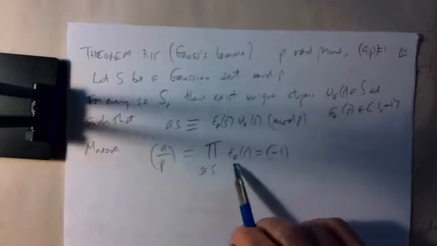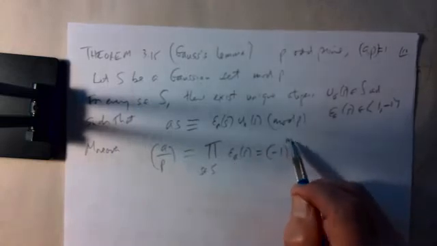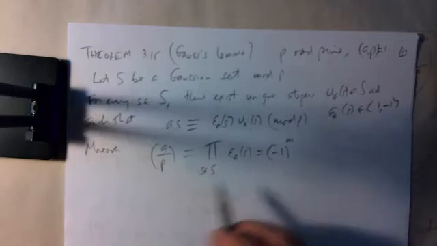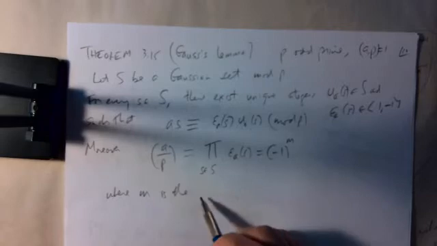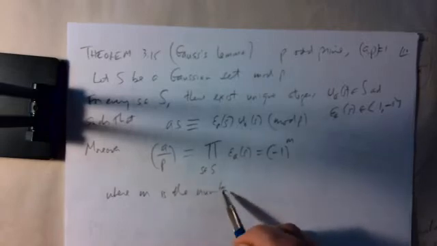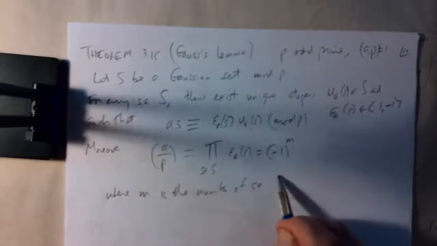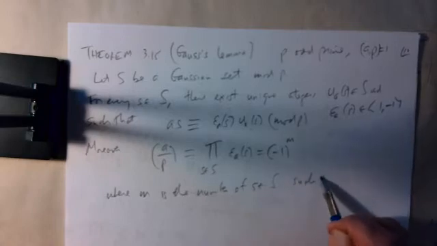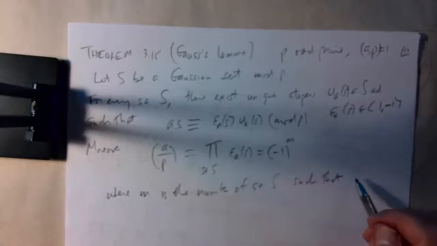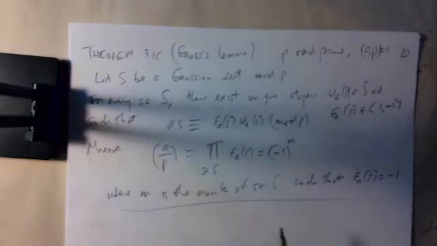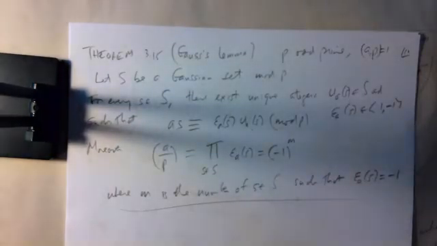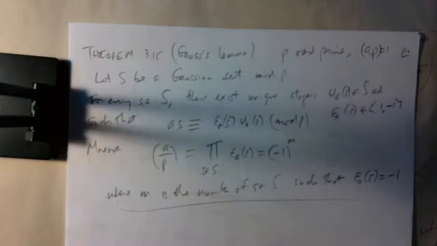Well, how many -1s are there? Let's say this is (-1) to the m, where m is the number of s in S such that epsilon sub a of s is -1. So this is the statement that we have to prove.